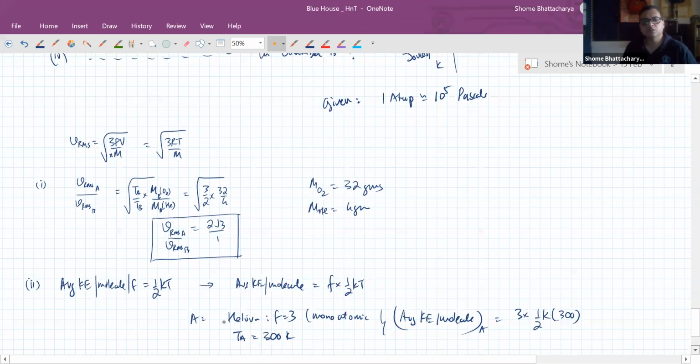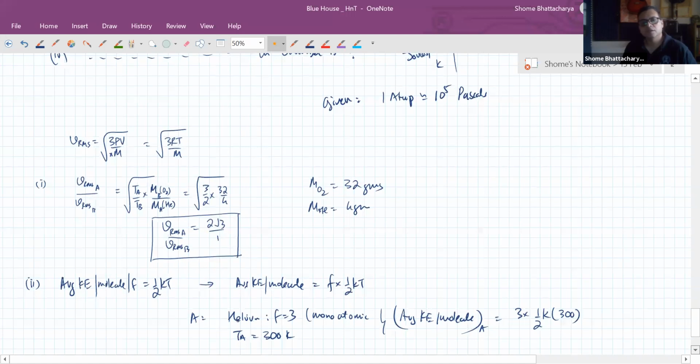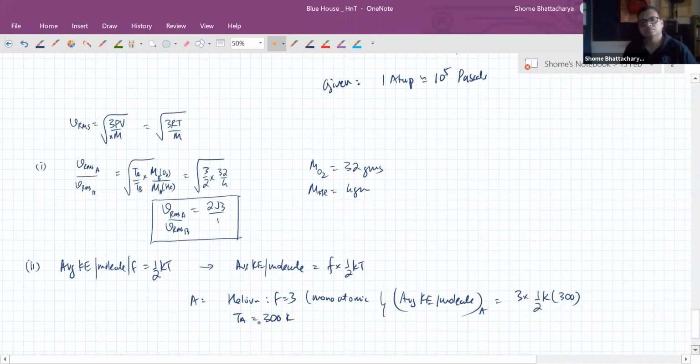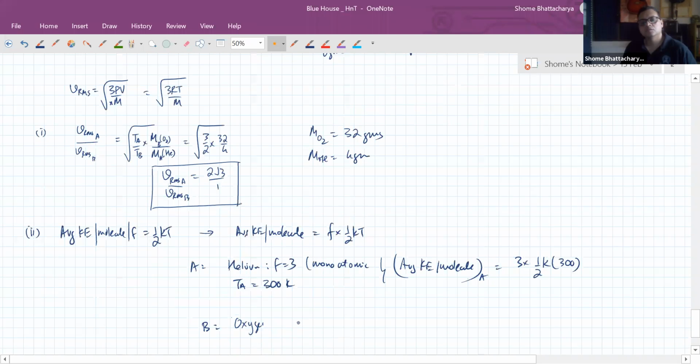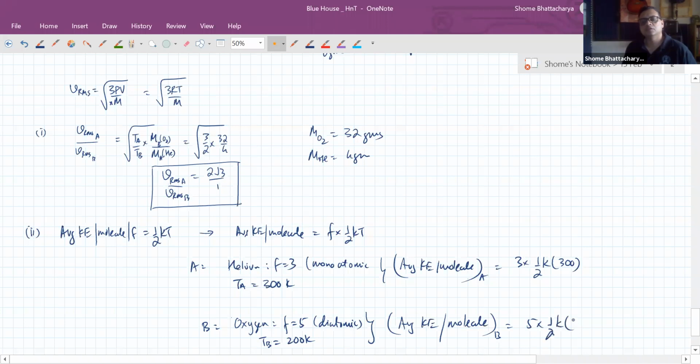Similarly, in chamber B we have oxygen. So degrees of freedom is 5, diatomic, and it's at a temperature of 200 Kelvin. So the average kinetic energy per molecule for the gas in chamber B will be 5 times half kT.